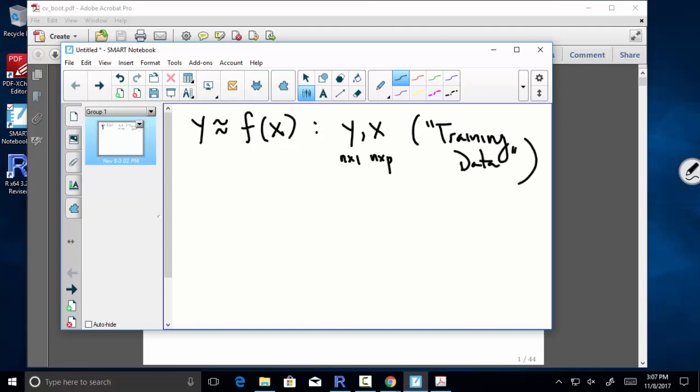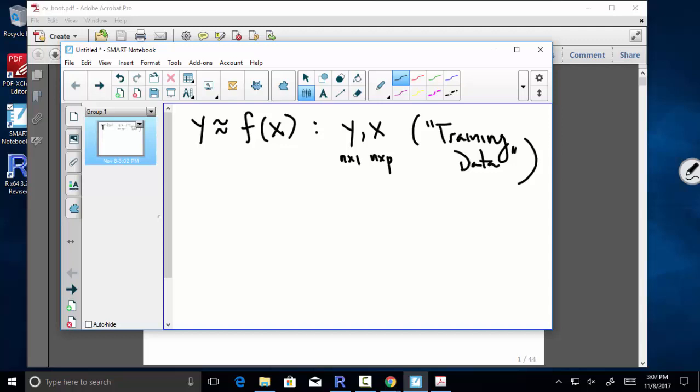So given training data, if we specify the type of function f that we're going to consider, like a regression model, we can estimate that model. We can use the training data to fit a particular model.